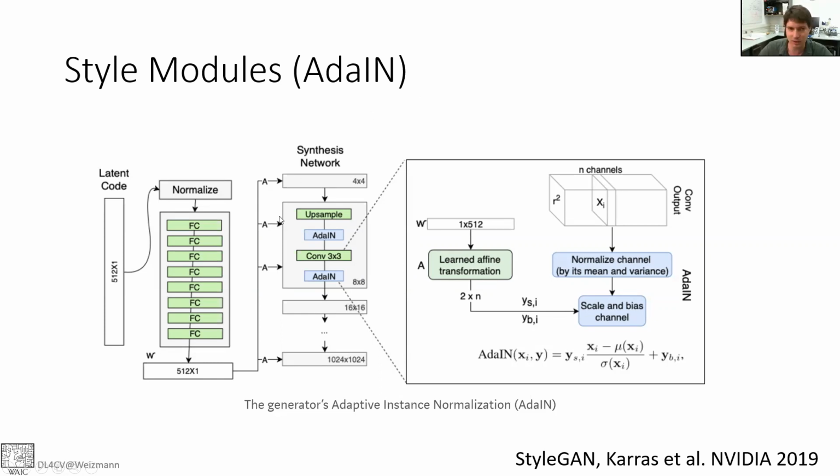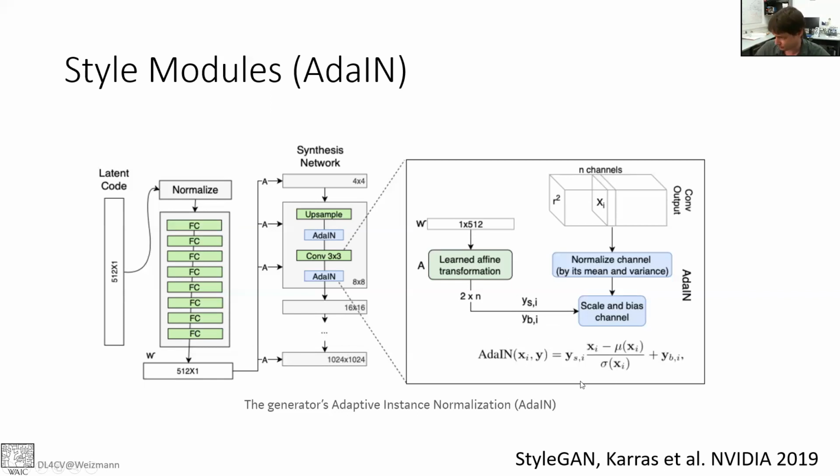The idea is that you want to inject noise into deeper layers of your generator. But the way you're doing it is not just as concatenation or input, but the noise determines how you normalize, in normalization layers, the values that you have flowing through the network.